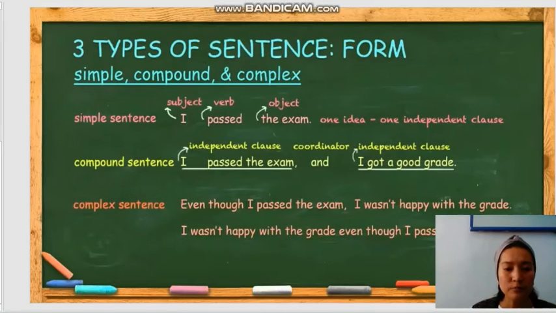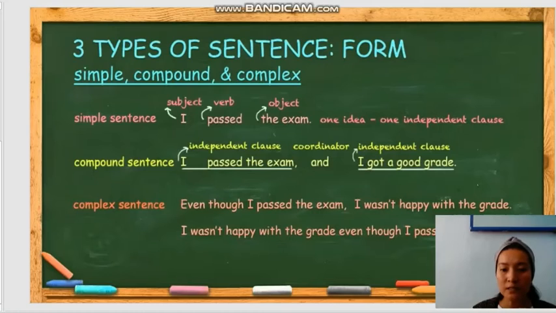The next, complex sentence. Even though I passed the exam, I wasn't happy with the grade. So this is a complex sentence. How can we know that it's a complex sentence? In a complex sentence, we cannot show the main idea.